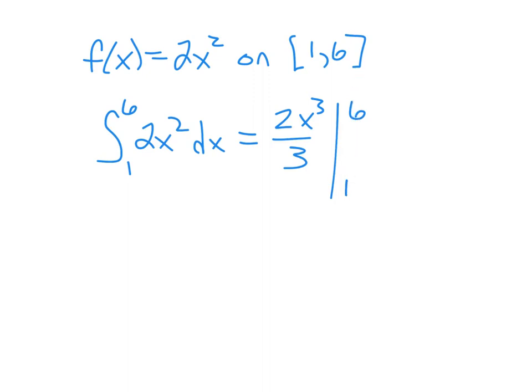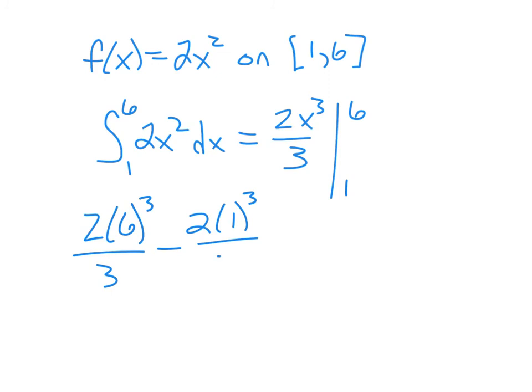Then all we have to do is find this F that we were talking about, this big antiderivative, another area function, at these two endpoints. So we can say 2 times 6 cubed over 3 minus 2 times 1 cubed over 3.